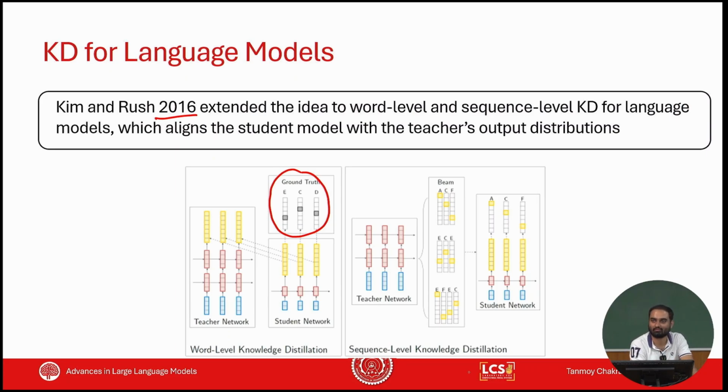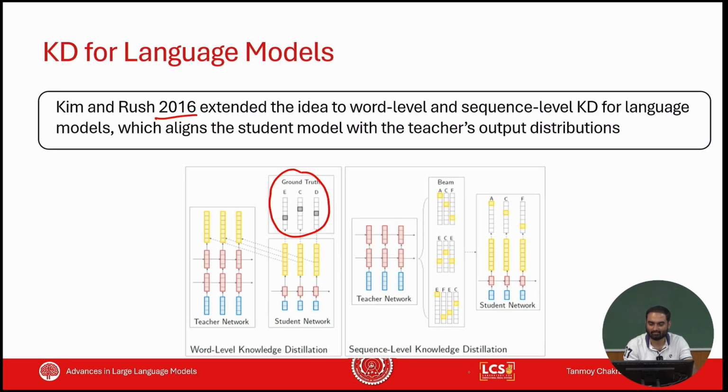But what is the problem here? That is okay, but what's the problem here? The problem here is that for that you actually need to do some sort of decoding, let's say beam search, for example. Otherwise, how do you generate the sequence? From the teacher model, once all the layers are processed, at the end you need to do some sort of beam search, otherwise how do you generate the sequence, right? And beam search is extremely time consuming.